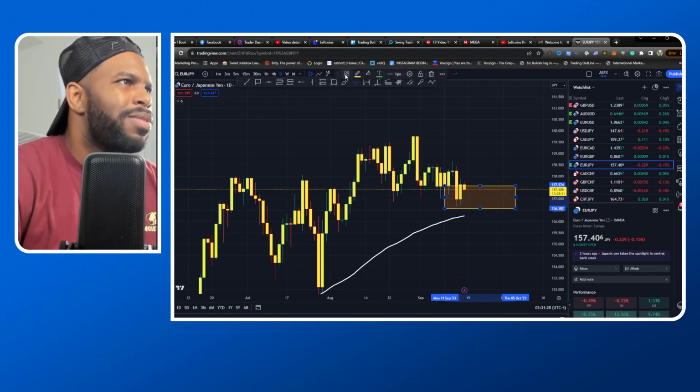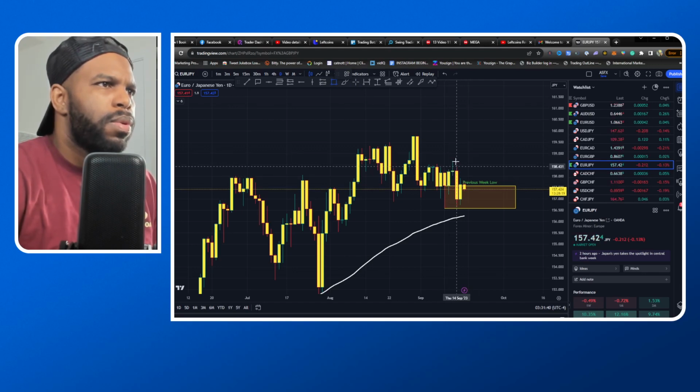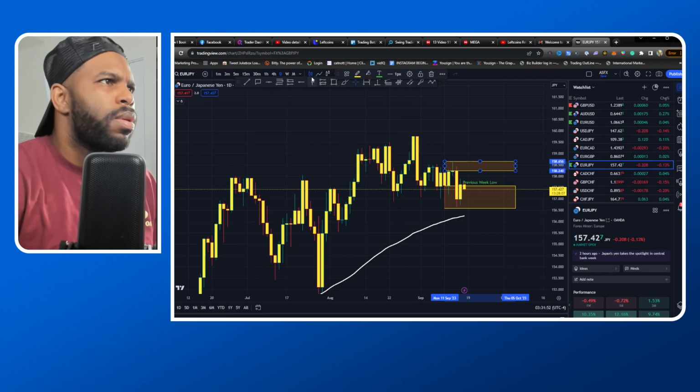But this is our weekly low here, and then our weekly high is on Wednesday. So we're gonna mark that up, bring it down to the body, and then these are the two zones that we're playing with. That's our weekly high.